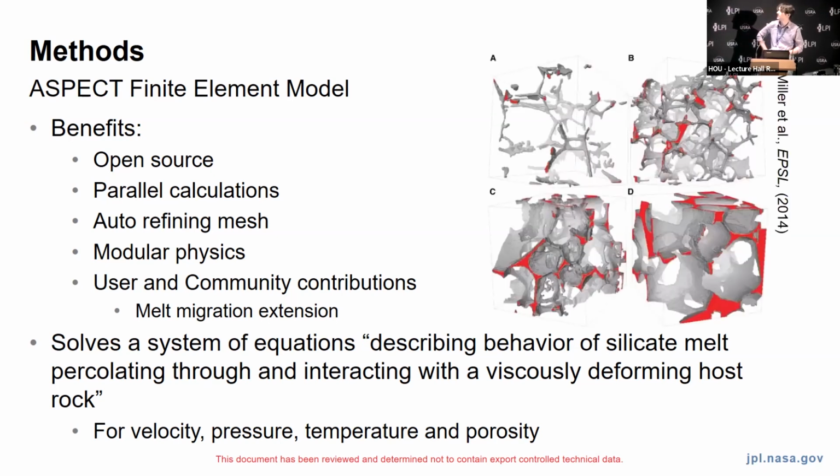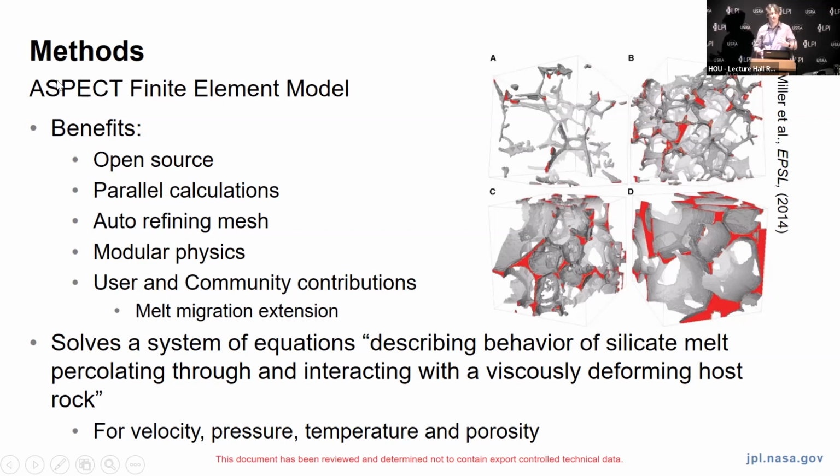So essentially what that's doing, this is an X-ray tomography. I don't think that's the right word. Anyway, this is an image of the inside of a hand sample, showing melt distribution. For example, in this upper corner here, this is about 1% melt. These gray tubules are the melt, and the white space is actual rock grains.